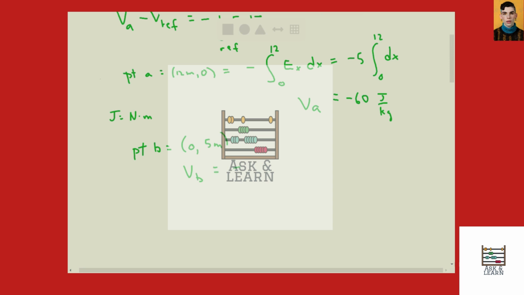So we would just multiply, let me see, it's 12. Well, let's go ahead and write it out. Minus the integral of E_y dy between 0 and 5 is minus 12 dy from 0 to 5. And that is minus 60 joules per kilogram.